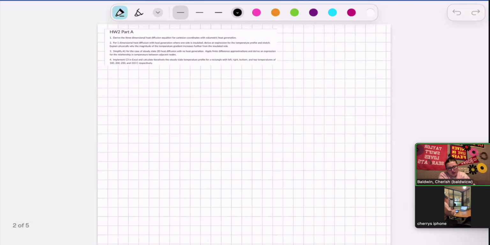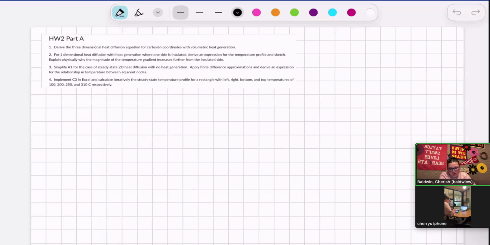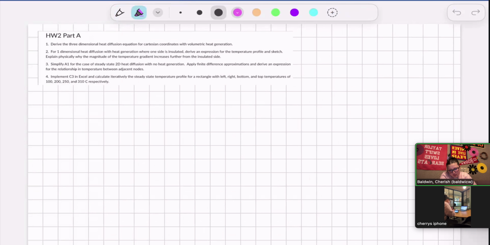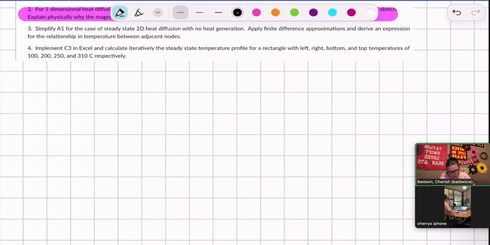So this part I'm going to go over one-dimensional heat diffusion with one side being perfectly insulated. So I draw this. This side is perfectly insulated.